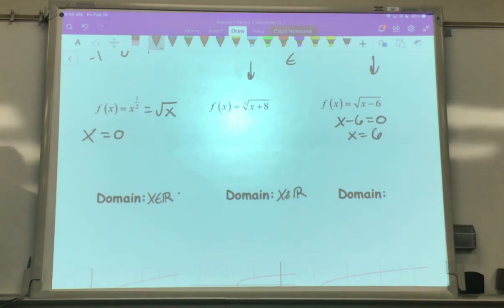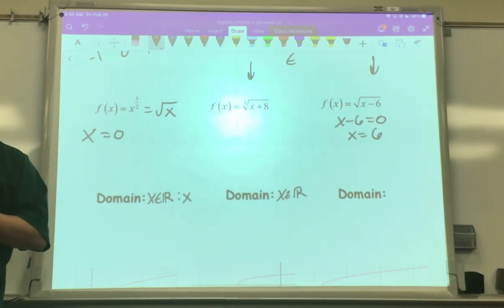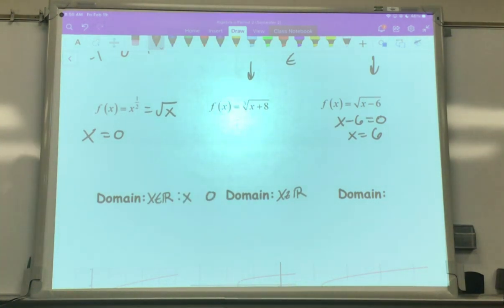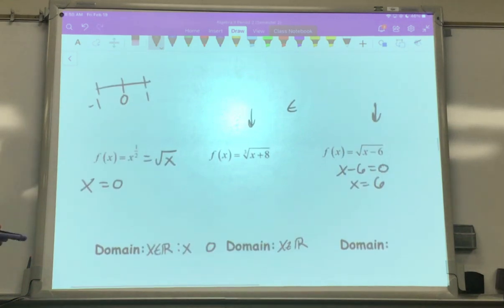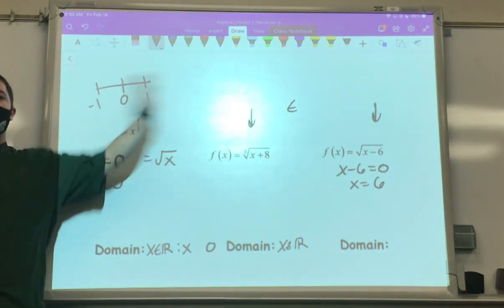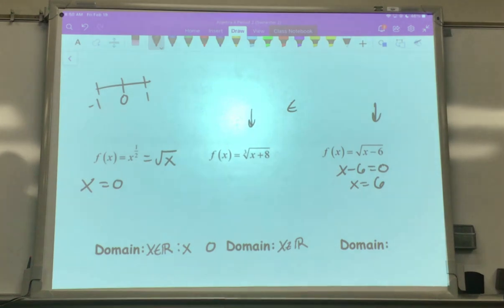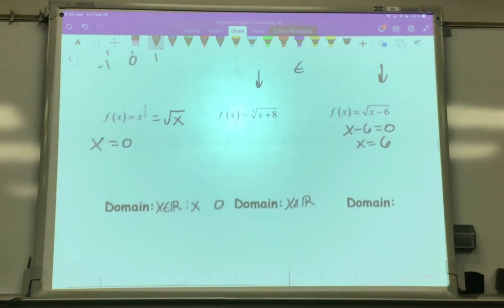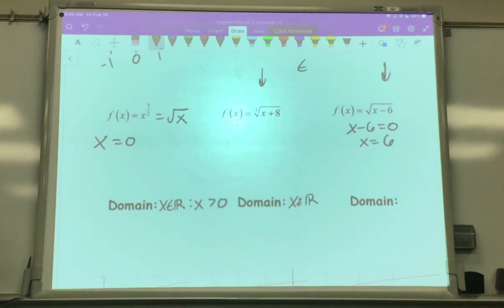But then we'll say such that x has to be what compared to 0? Not equal to. Okay, and we said everything to the right will work, right? Positive values, right? What inequality symbol represents to the right? Greater, right? So values that are greater than 0 will work.